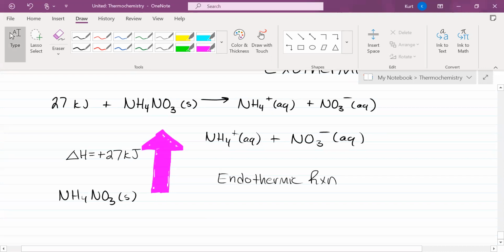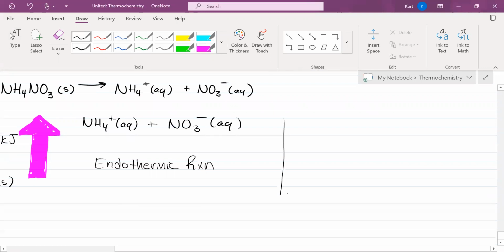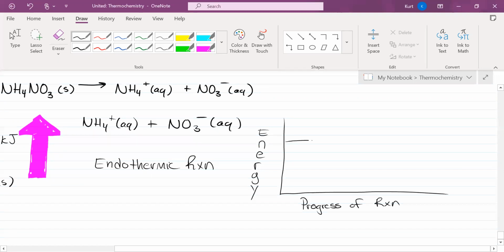Now let's put it on a graph. X-axis is the progress of the reaction. Y-axis is energy. Here's my reactants right here.